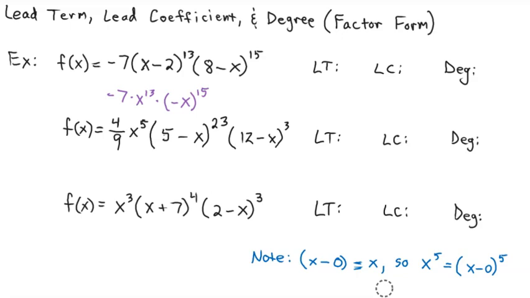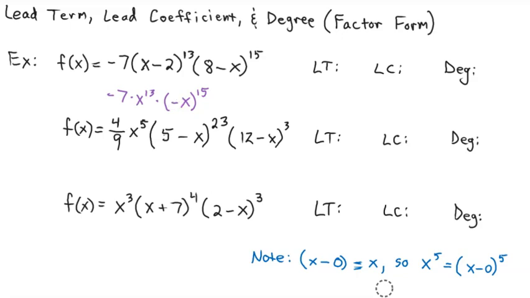And once we take the a at the front, and then we take each of the x terms to the powers that they have, now we have to identify whether the lead coefficient is positive or negative. See, what we have here is basically negative 1, okay?